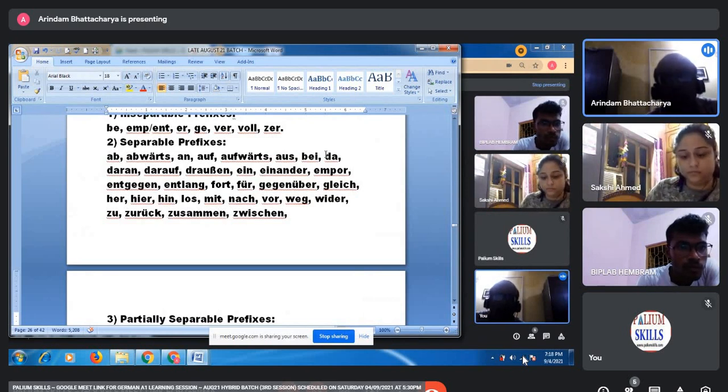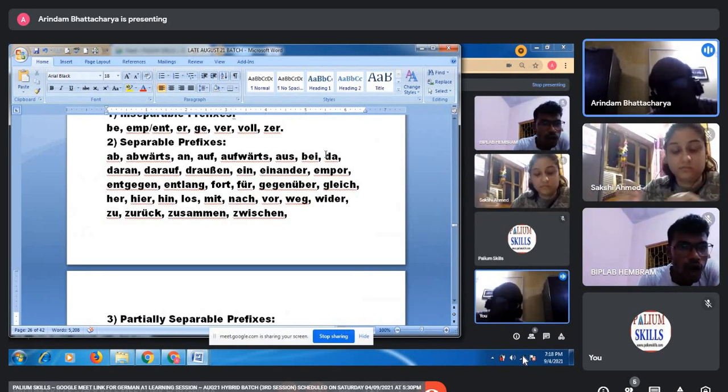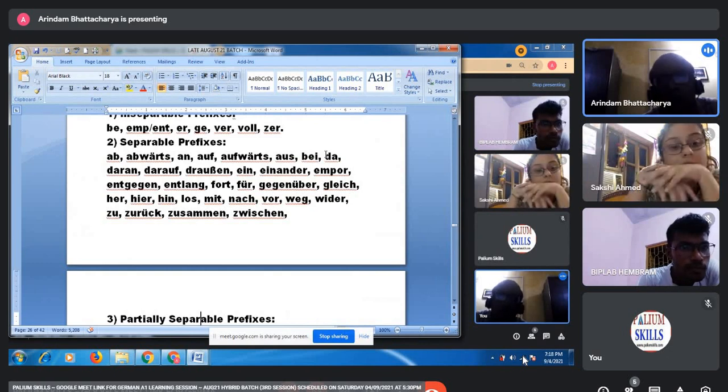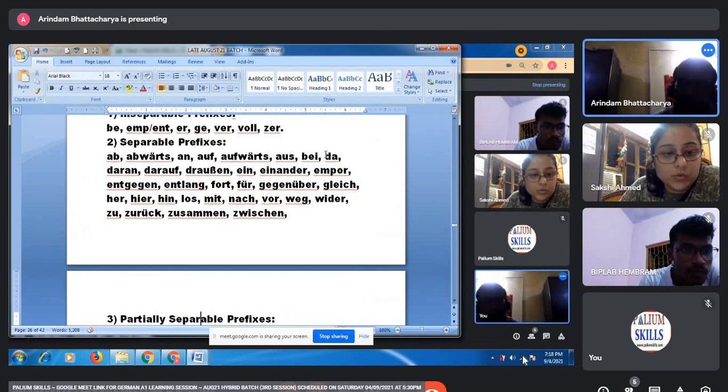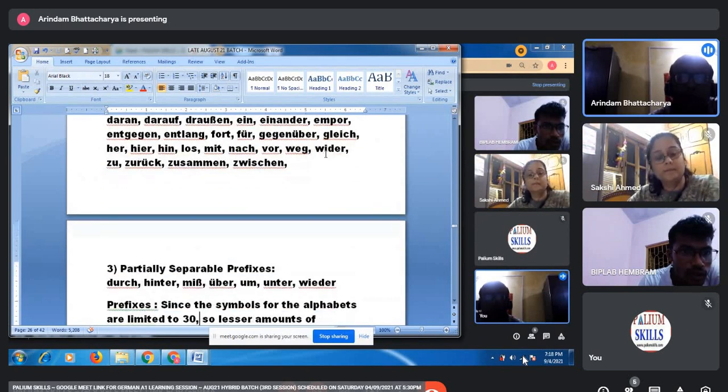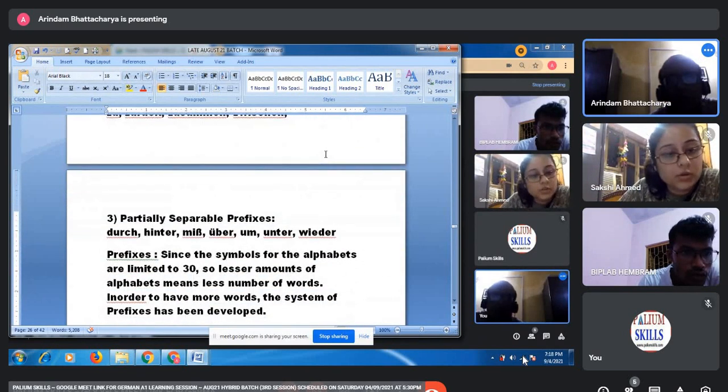Ab, abwärts, an, auf, aufwärts, aus, bei, da, daran, darauf, draußen, ein, einander, empor, entgegen, entlang, fort, für, gegenüber, gleich, her, hier, hin, los, mit, nach, vor, weg, wieder, zu, zurück, zusammen, zwischen. Partially separable prefixes: durch, hinter, miss, über, unter, wieder.